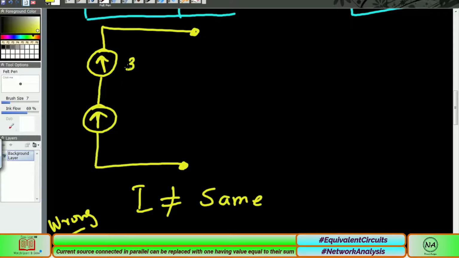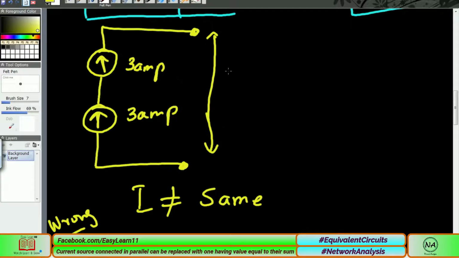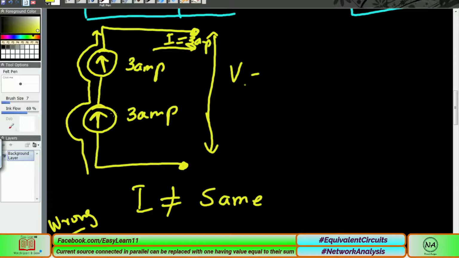For example, this is our 3 ampere source, and this must also be 3 ampere. I don't know about the voltage, but we are interested in the current. We have the same 3 ampere overall, because it is in series, the current that is coming has to pass through this point and through this point. So the current must be the same.